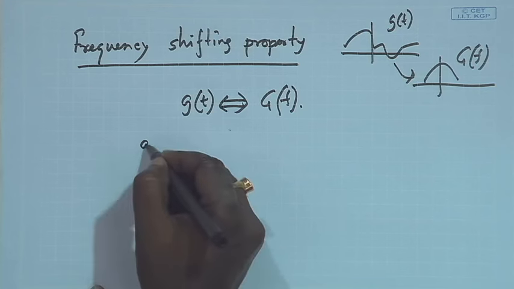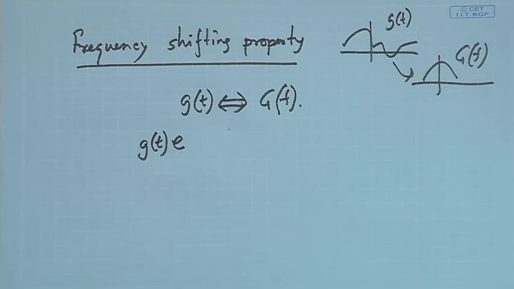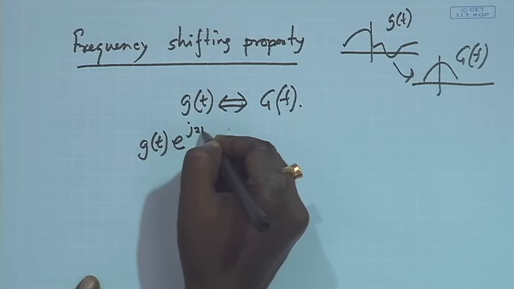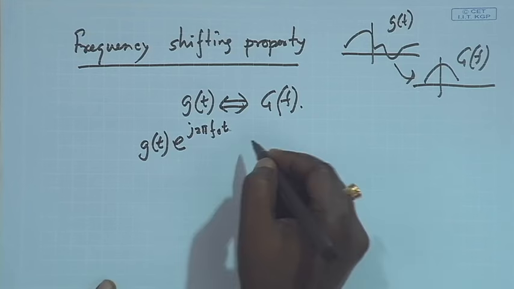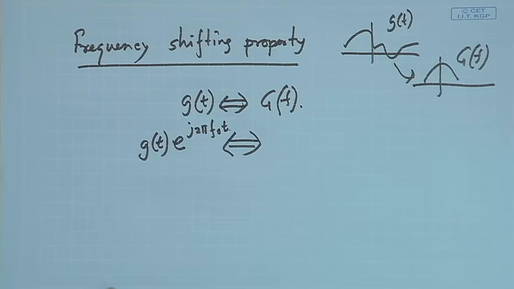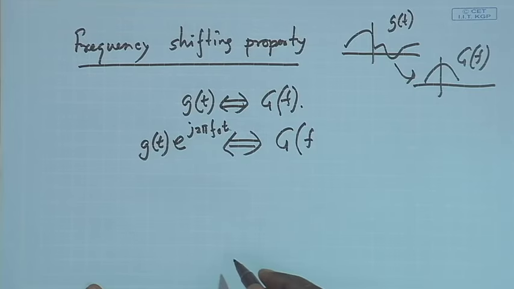Now, we are trying to prove that if this signal g(t) is multiplied by an exponential e to the power j 2 pi f0 t, then the corresponding Fourier transform will be just the same spectrum, translated in the frequency domain by an amount f0. That is why it is called the frequency shifting property.